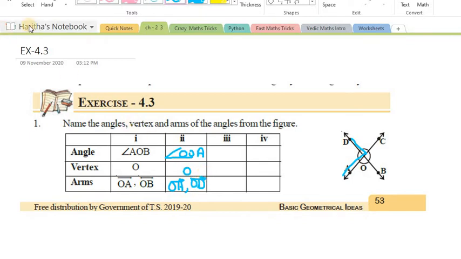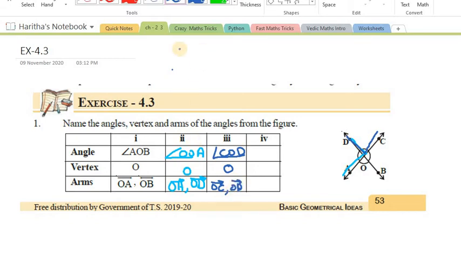Now we'll move on to the next. Now this part we are going to take. So our vertex will not change, and the angle is forming at COD, and here we have OC is one ray and OD is one ray.